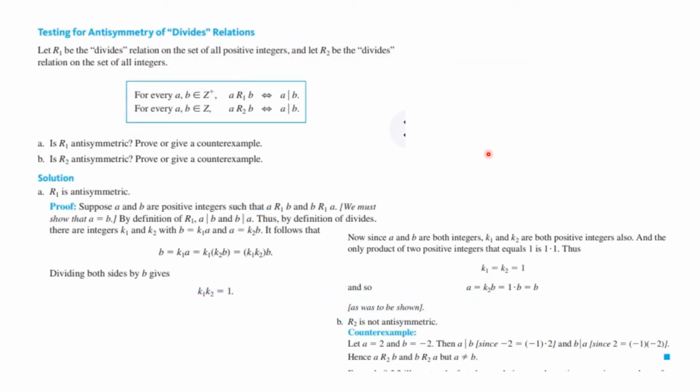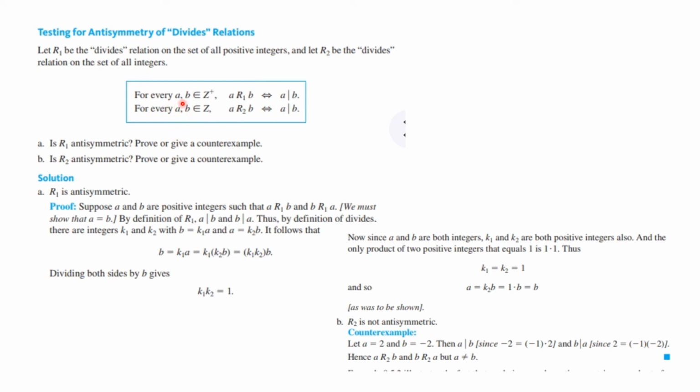Let's test the anti-symmetry of the divides relationship. Let R1 be the divides relationship on the set of all positive integers, and R2 be the divides relationship on the set of all integers. So we have positive integers here, and all integers here.